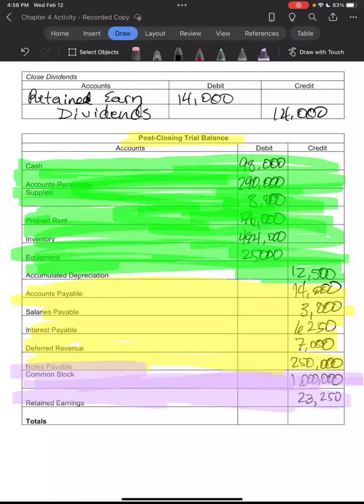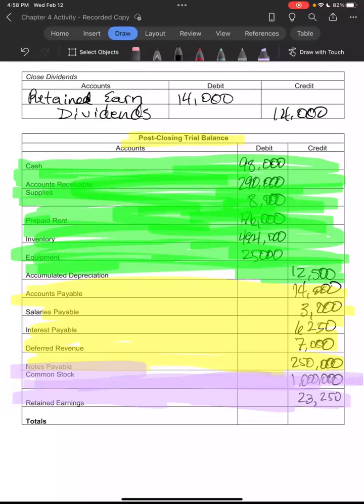Only balance sheet accounts remain because they are what we refer to as permanent accounts. They never go away. They simply roll their balances forward. Whereas your income statement accounts, they're what we call temporary or nominal, okay? We close them to zero so that they are prepared to start tracking the new balances every reporting period, okay?